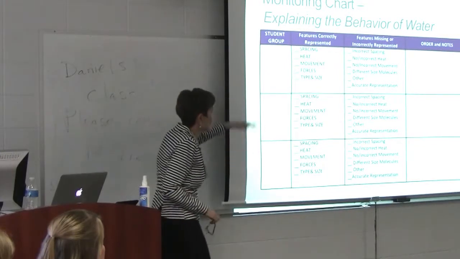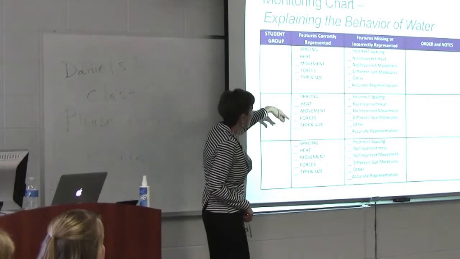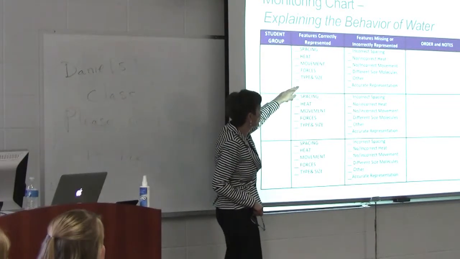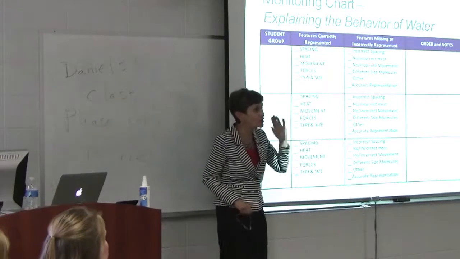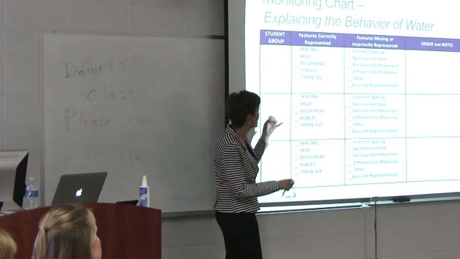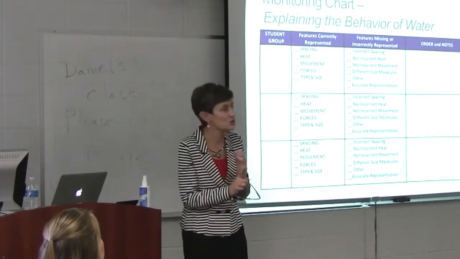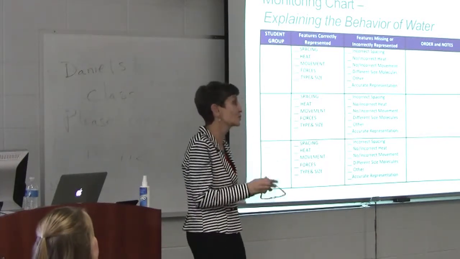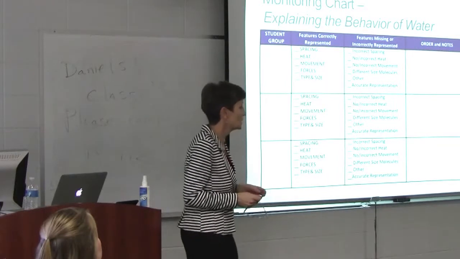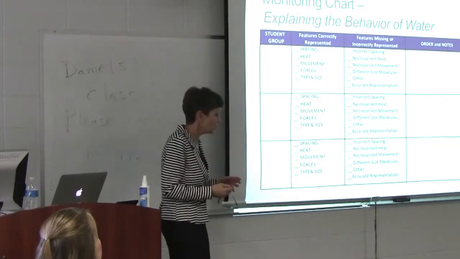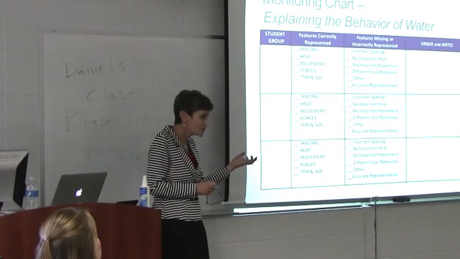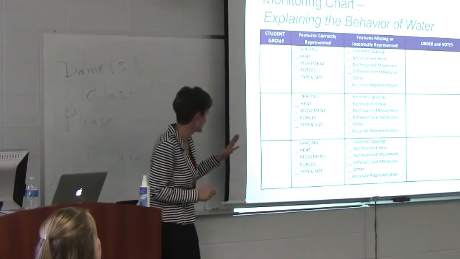So what the teacher's done in this monitoring sheet is she's indicating what are the features of an explanation that you would need to see. You want to see that the spacing of the molecules is correct, so that they understand that molecules are more tightly packed in the liquid rather than in the solid, which is unlike other substances.